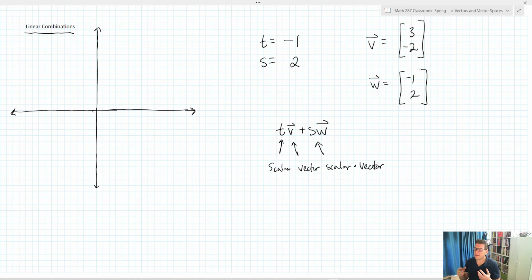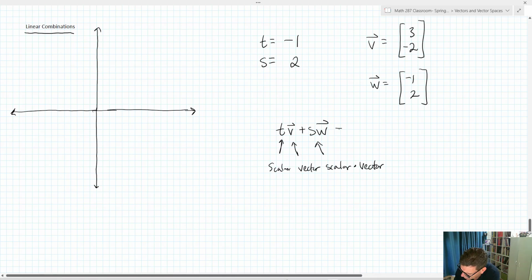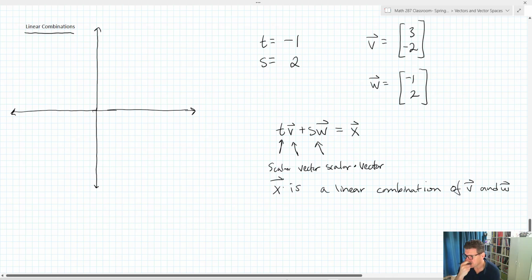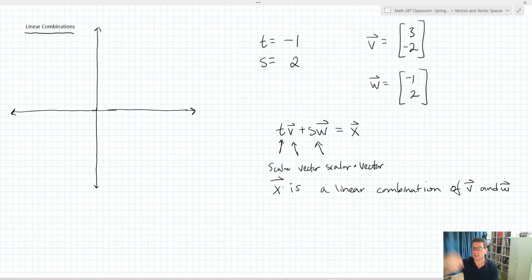All right, and so what this is saying is we're interested in the resulting vector. We'll call this resulting vector x. We're going to say that x is a linear combination of v and w. And this is an important idea, okay? Because we're going to ask questions like, is B a linear combination of the column vectors of A? You want to know what that means, and this is what it means.